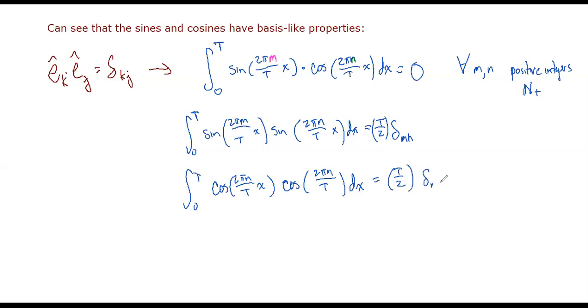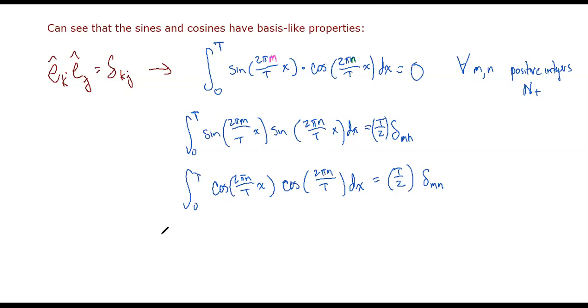And this is worth exploring next time you open Mathematica to make sure this is right. Take 2 different sines with 2 different periods, integrate them over one of their period multiples, like I'm saying here, and verify that this is actually true. So this is great. This is almost a basis.